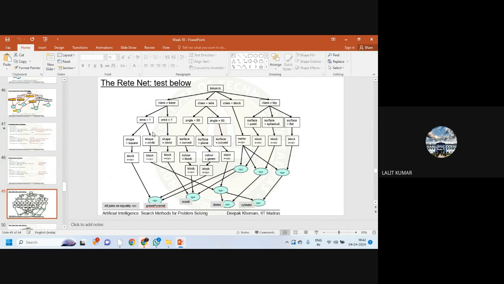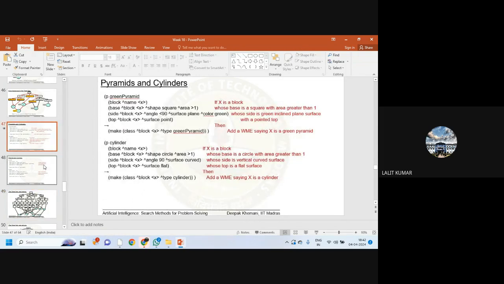Either the WME has to flow to the deepest alpha node, so it can come here, it can come here, or it might get stuck here only, depending on its condition. So that is the basic idea. And if we learn this, then solving the PAs and GAs is very, very easy. That's why I am requesting all of you to just devote 2 to 3 minutes to understand slides number 47 and 48.